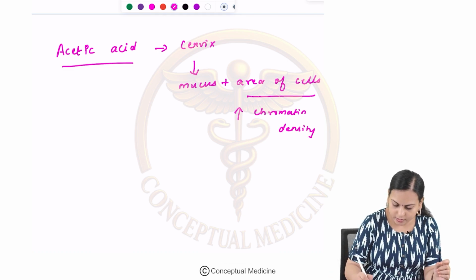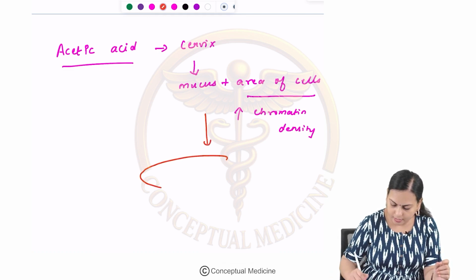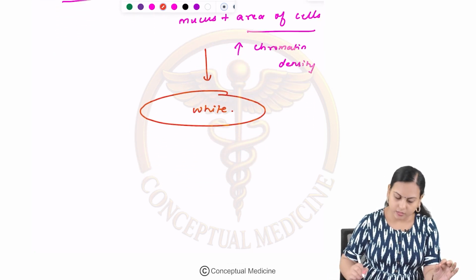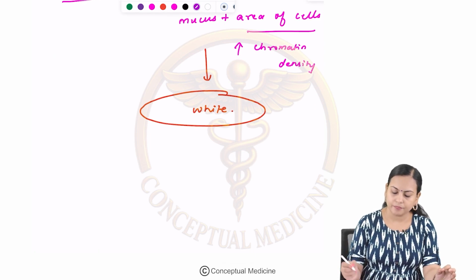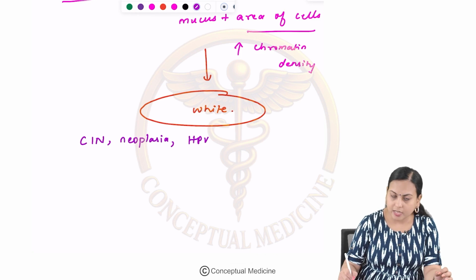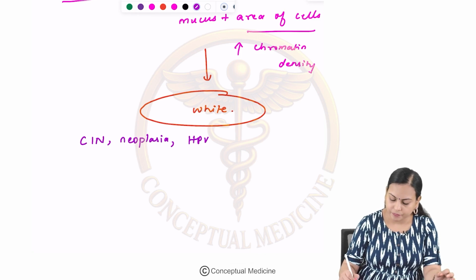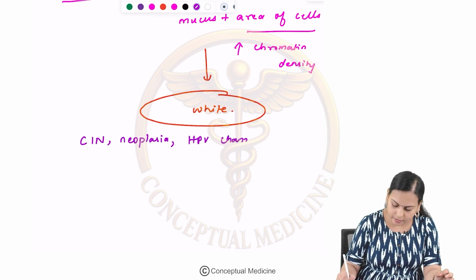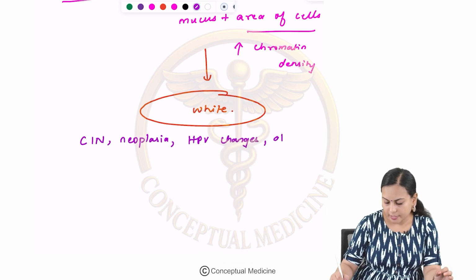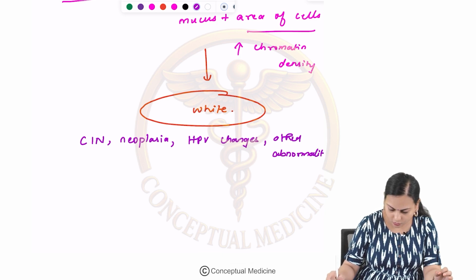At this point, that particular area will appear white. What may be these areas? These can be areas of cervical intraepithelial neoplasia or even a site of neoplasia itself, or HPV virus related changes, and any other abnormalities. All these things will appear aceto-white.